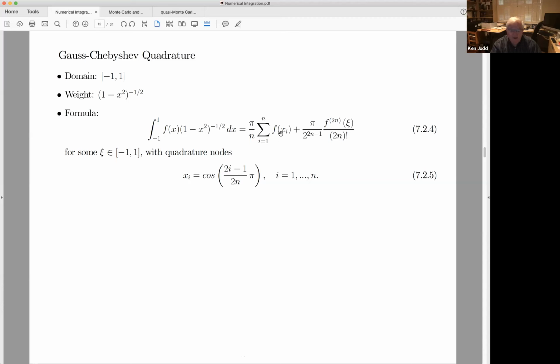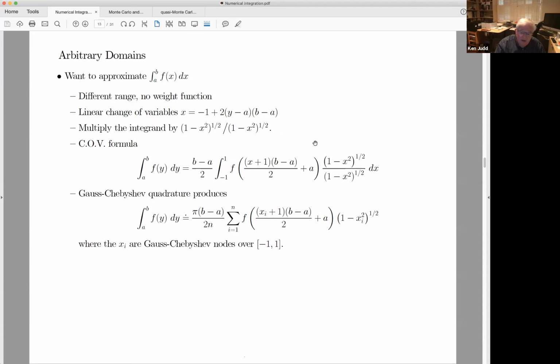You evaluate f at the n zeros of the degree n Chebyshev polynomial, which, by the way, is this nice convenient formula. So these are the zeros of the degree n Chebyshev polynomial. Nice formula. And then the error, again, goes down to 0 very rapidly for well-behaved functions.